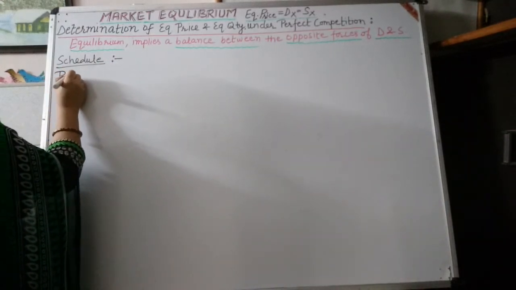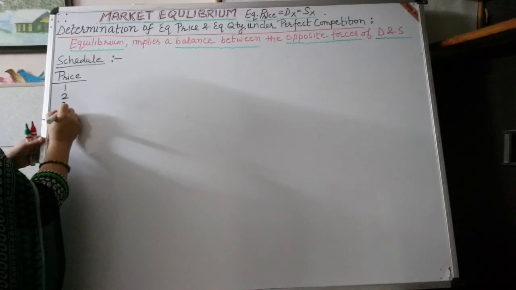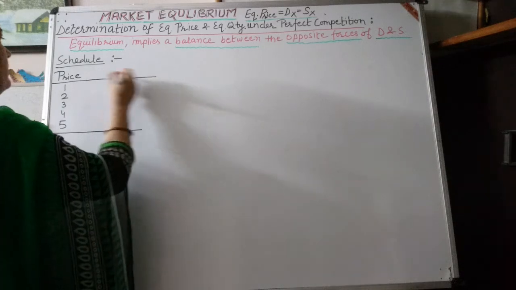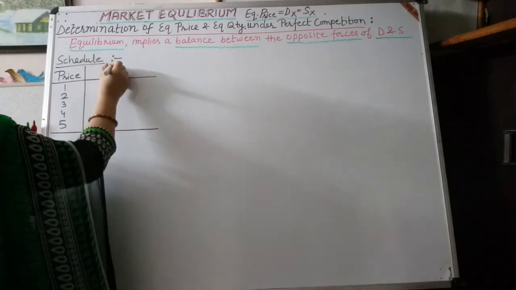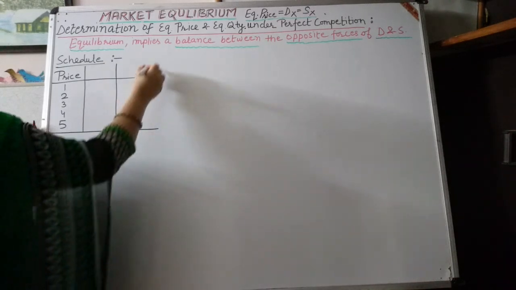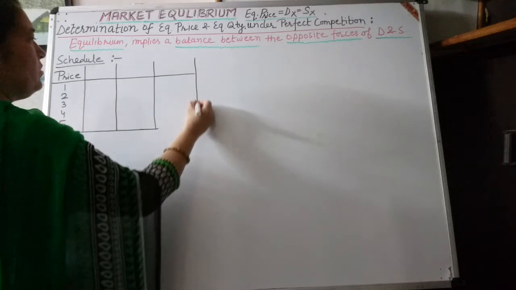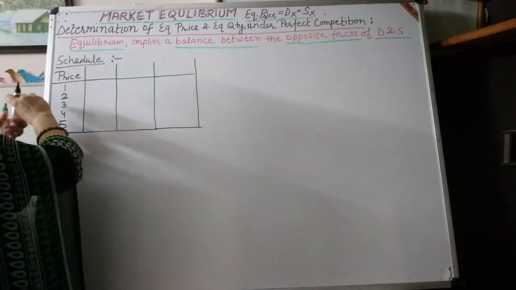Here prices are given in the market. Let us see which will be the equilibrium price at which buyers are ready to buy and sellers are ready to sell their product at a common price and common quantity can be purchased or sold in the market.